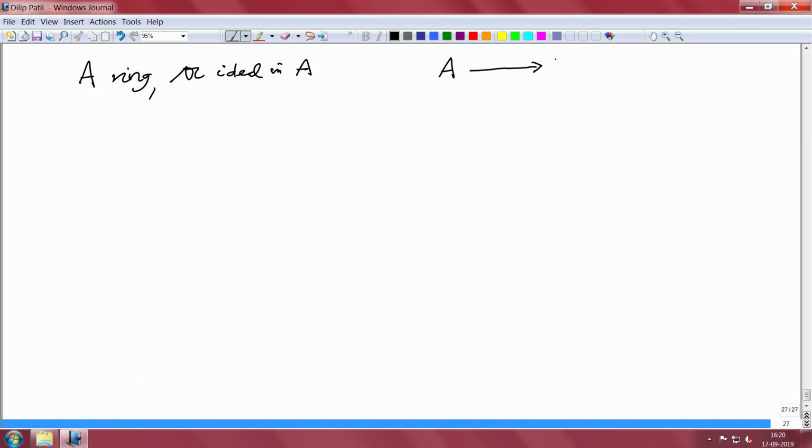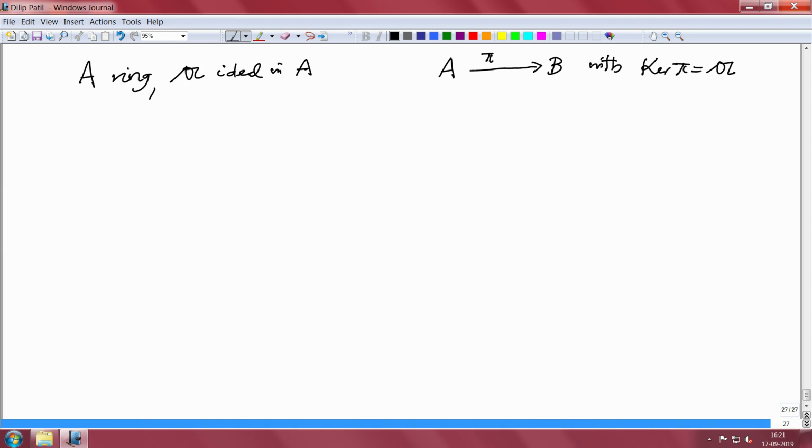Let me write this ring homomorphism with a special name, pi. So we are looking for some other ring B and a ring homomorphism pi such that the kernel of pi is precisely 𝔞.